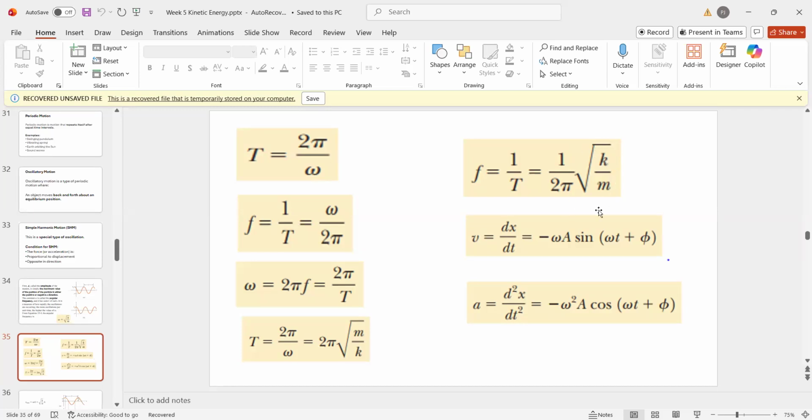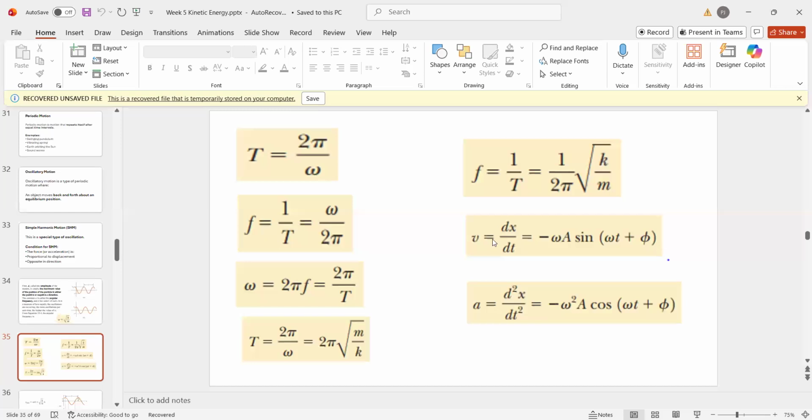So basically, the initial equations: if you know omega, which is 2πf, and you know your f to be 1 over T, you should be able to manipulate the equation given to you. You are just replacing each of them anywhere that you found them. You're able to replace them, and then you are cool to go. That is what is happening.